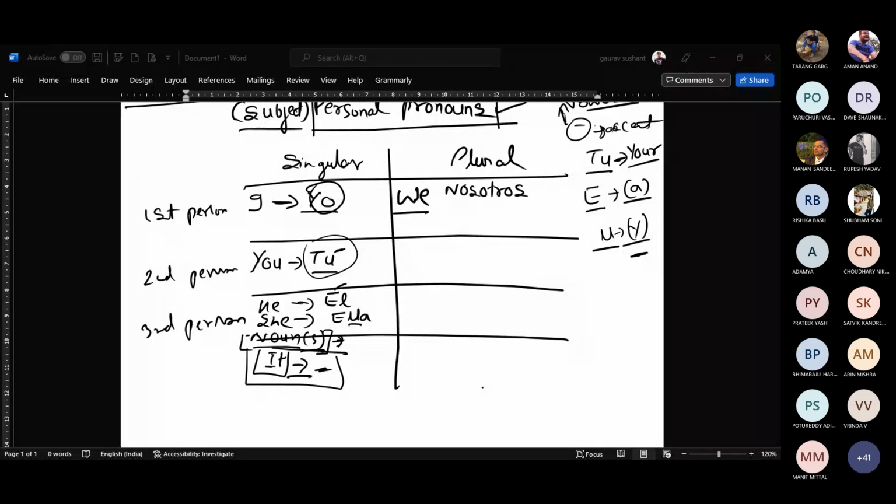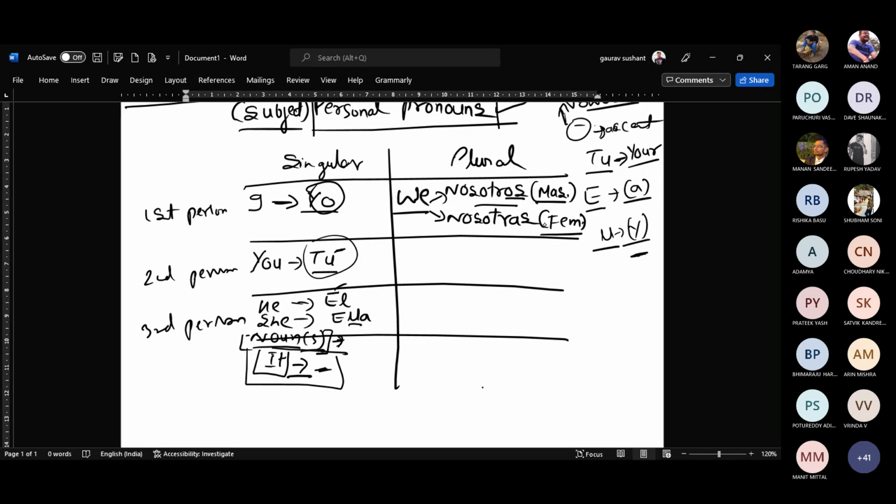Nosotros is a plural, like it refers to we, and there is one more thing in this nosotros. Here, the word nosotros is basically used with a masculine group, and there is a different form of nosotros which will be used with a feminine group. It is nosotras.